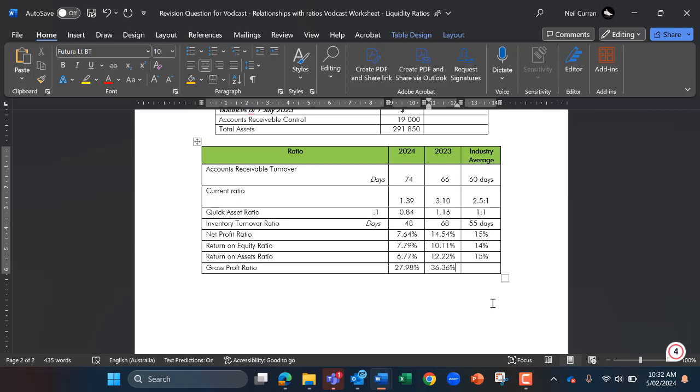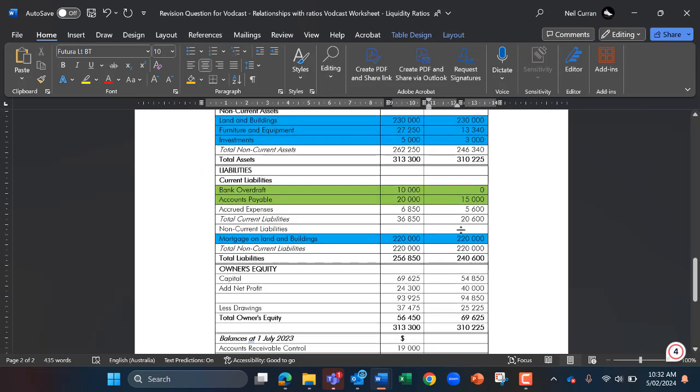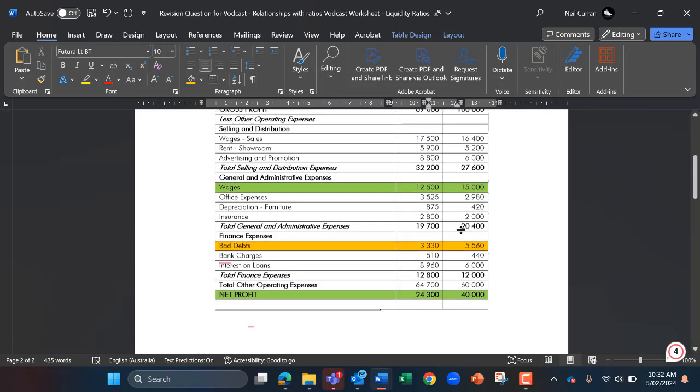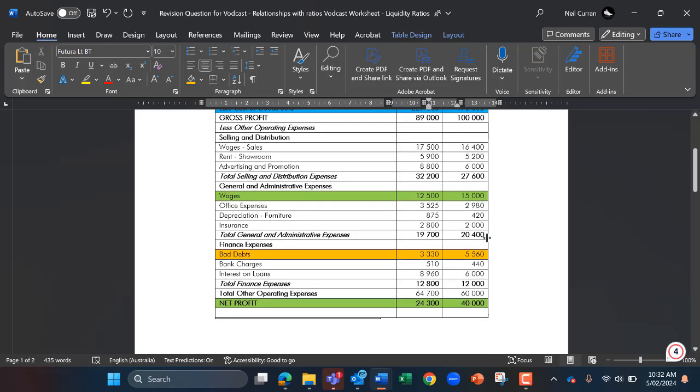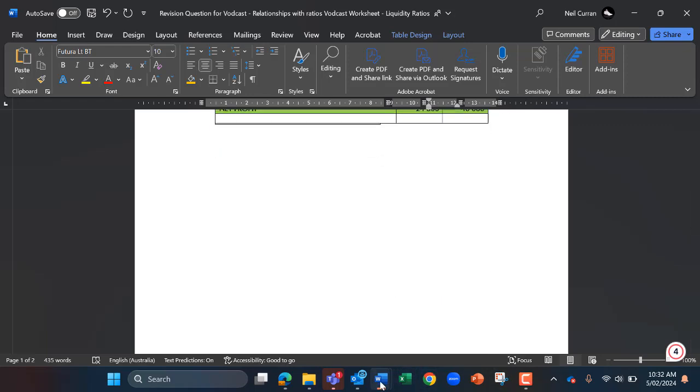All of these ratios will actually be given to you, okay, so you don't need to calculate them. In your exam, your vertical analysis in terms of the percentages will also be done for you for the statement of profit and loss and also the statement of financial position.